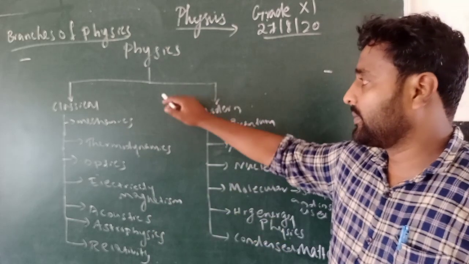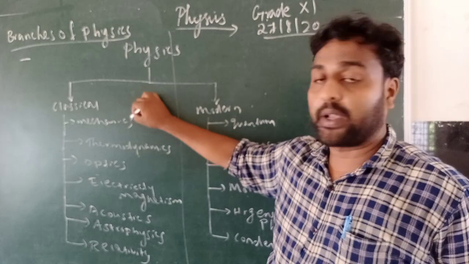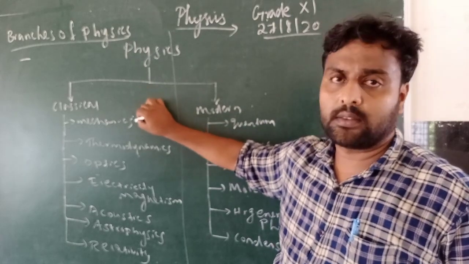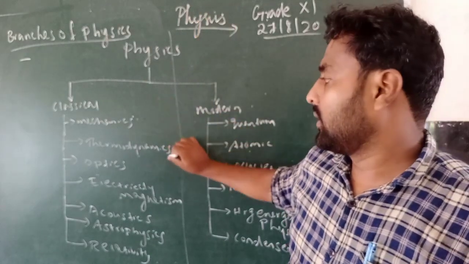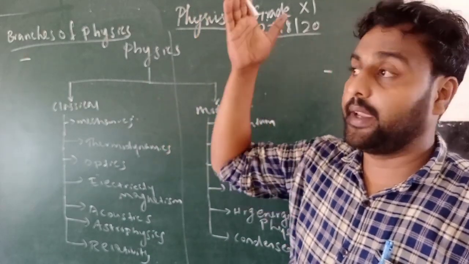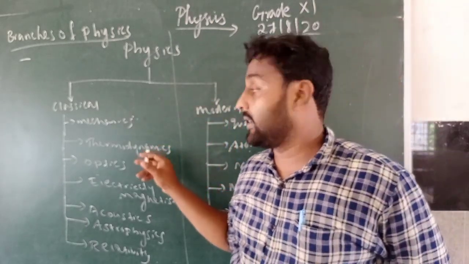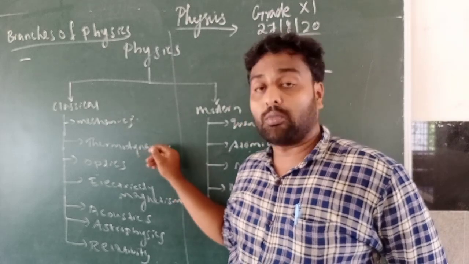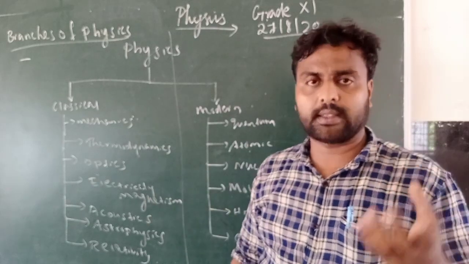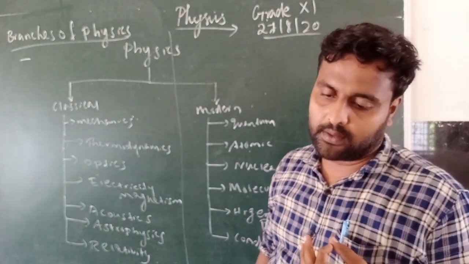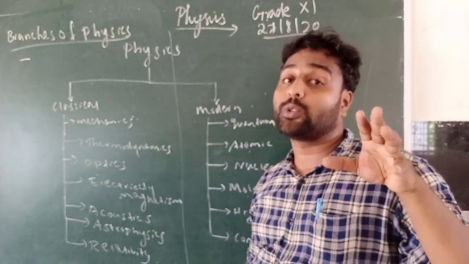Okay, so this is classical physics, classical mechanics. First one, remember, the motion of stars and all we are studying here. Thermodynamics, about heat and the relationship between energy and heat. Optics, study of light. Electricity and magnetism, study of electricity and magnetism and their mutual relationship.